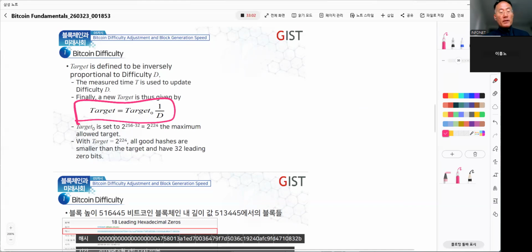Officially, the initial target is set to this number, 2 to the power of 224. So it has 32 binary leading zeros, or 8 hexadecimal leading zeros.